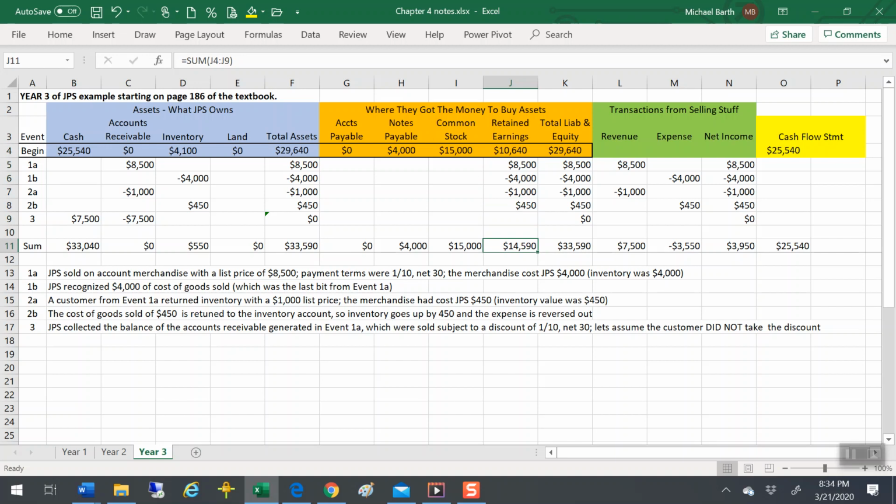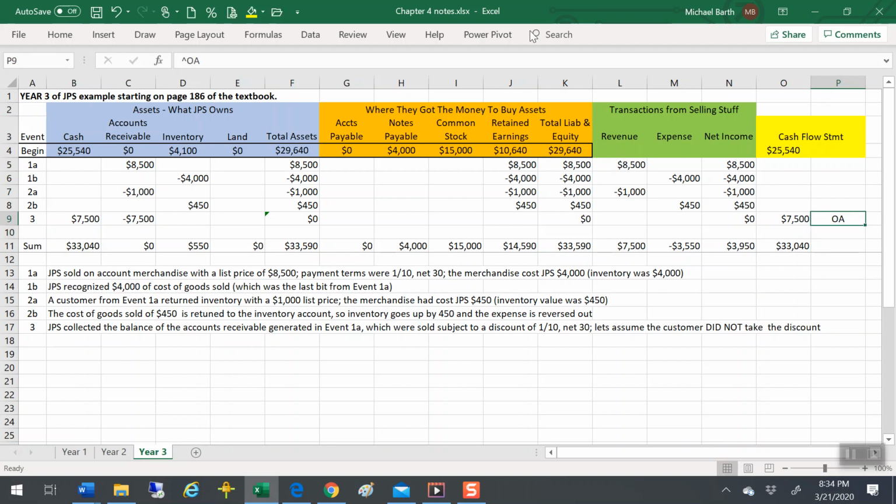All right, so the only thing that happened here, the only cash activity for the cash flow statement was the $7,500 we collected, and that's an operating activity.